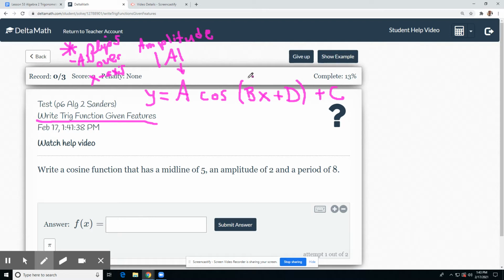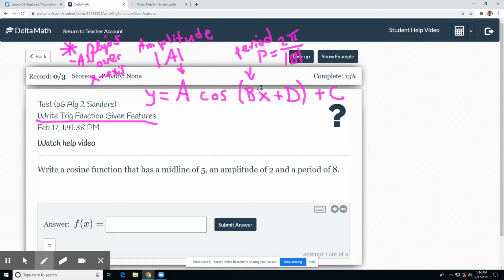All right. What's B? B is our period. It's our period number. And the period number is P, the equation is P equals 2 pi over the absolute value of B. So that's going to give us our period.